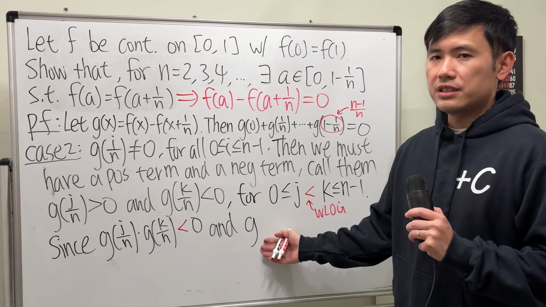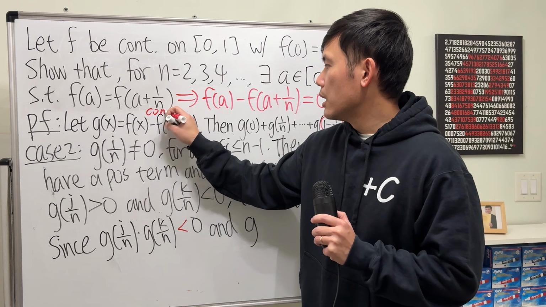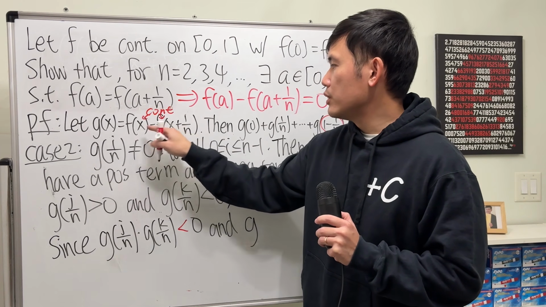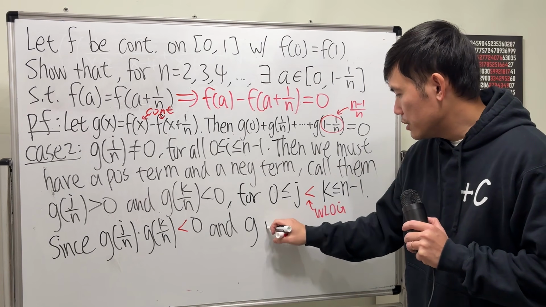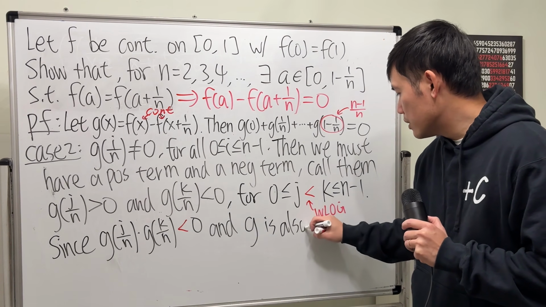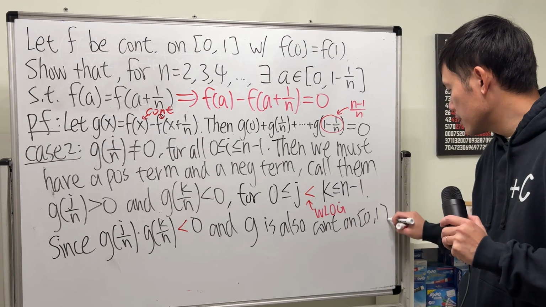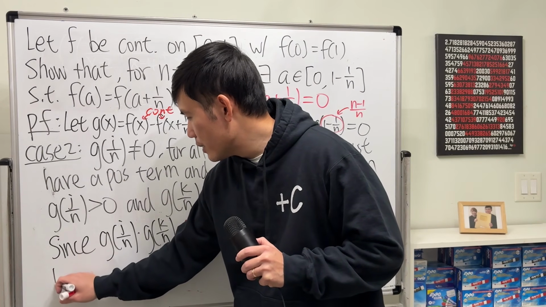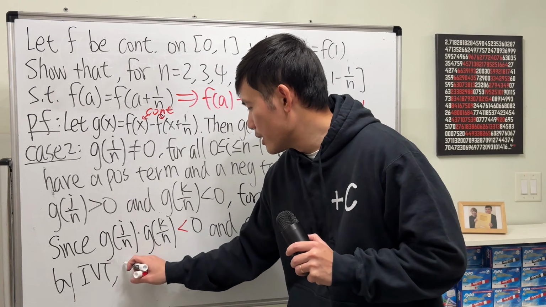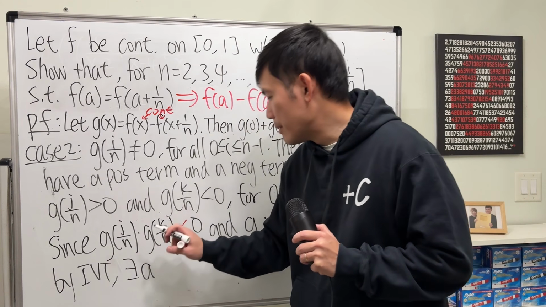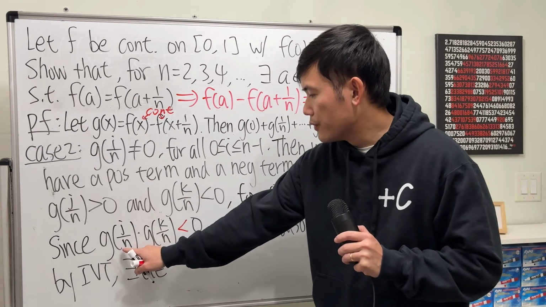Is g continuous? For sure, because f is continuous, and the difference between two continuous functions has to be continuous. So just say, and g is also continuous on our interval. Okay, from here, we can say by the intermediate value theorem, there is some number a, and a is a number in between of from here to here.